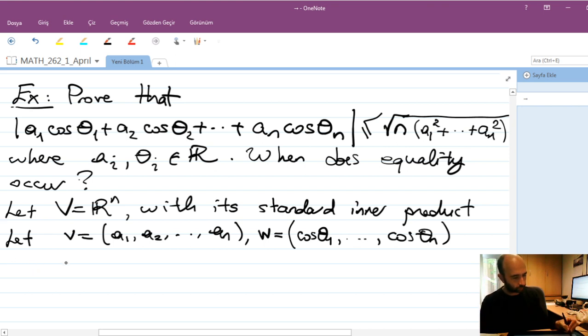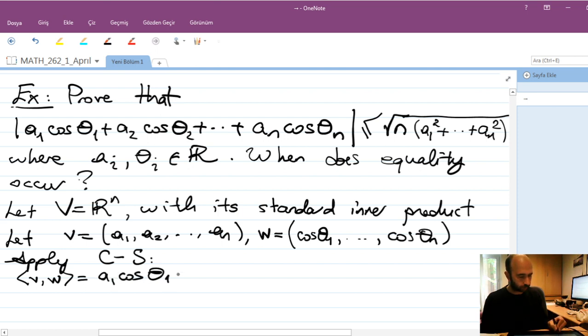I will abbreviate it with CS. Okay, now their inner product, this is the standard inner product, so it's just a1 cosine theta 1 plus up to an cosine theta n.